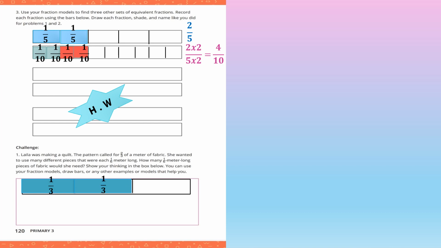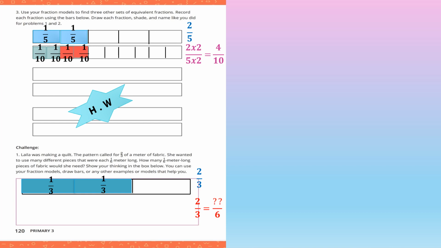Okay. I want to know how many 6ths are in 2/3. 2 over 3 equals what over 6? Here the denominator 3 became 6. So 3 times what equals 6? 3 times 2.